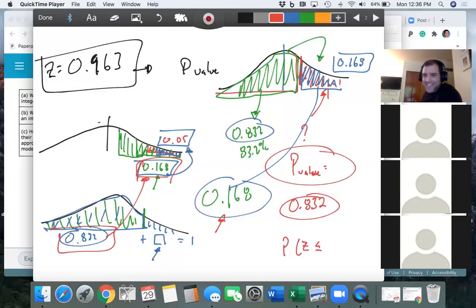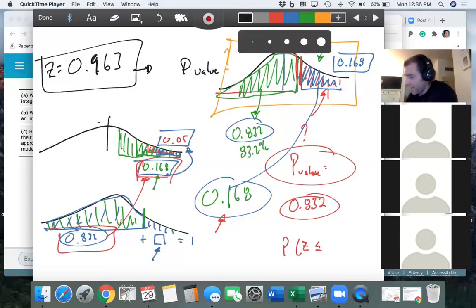The calculator probably isn't great at pointing you in the right direction with this. But when you first get that p-value, you want to look at what the original distribution is and think reasonably about it: okay, if I know my score is somewhere over here, what side of the proportion did I get?